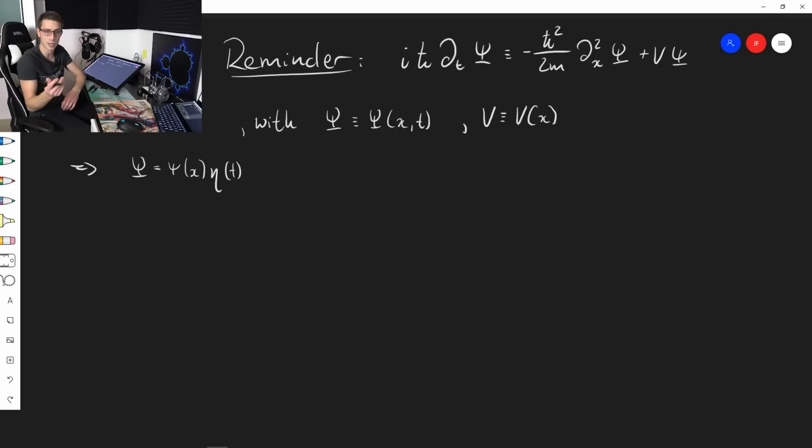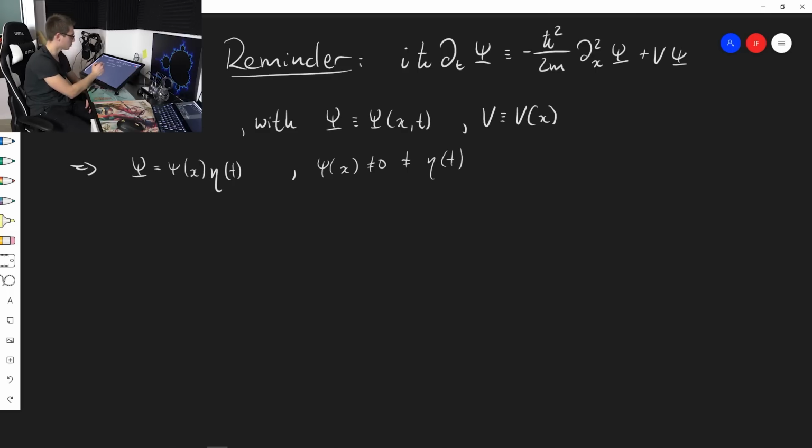Since the complex numbers form a field, a product can only be 0 if one of the parts is 0. And so we can also assume that small psi of x is not equal to 0, as well as eta of t. Both are non-zero, meaning we can safely divide both sides later by it, which is the point of this little argumentation right here.